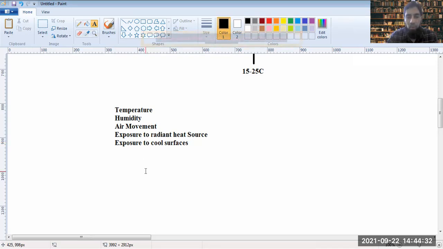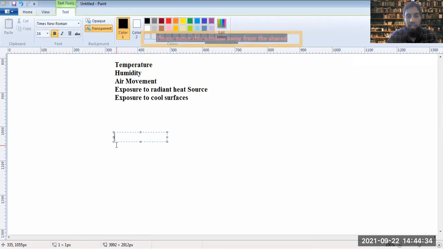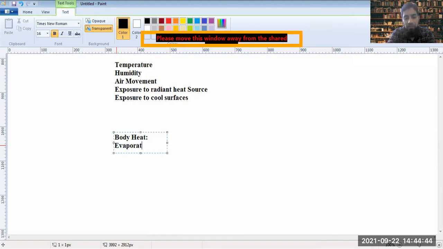Moreover, you also experience that body heat is lost in all three processes of evaporation, radiation, and conduction.